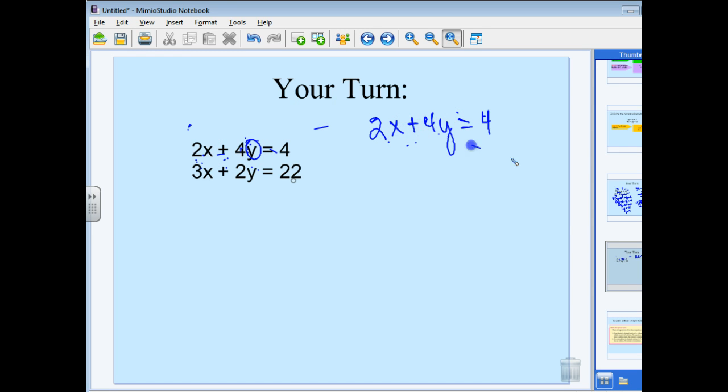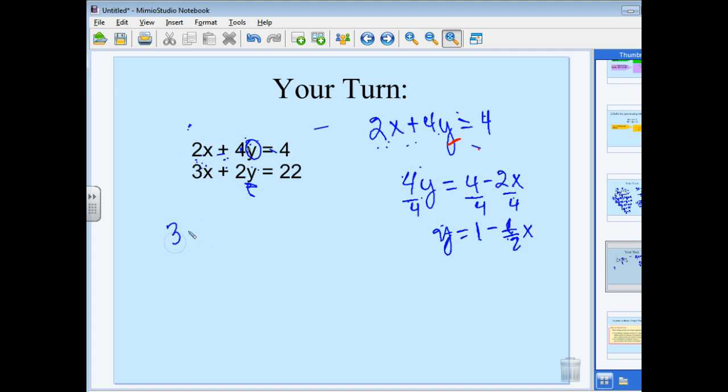Since we're solving for y in our case, first I want to subtract 2x, so we get 4y is equal to 4 minus 2x, and then divide by 4, and we get y is equal to 1 minus half of x. Now we could actually get rid of this half, but we don't have to.